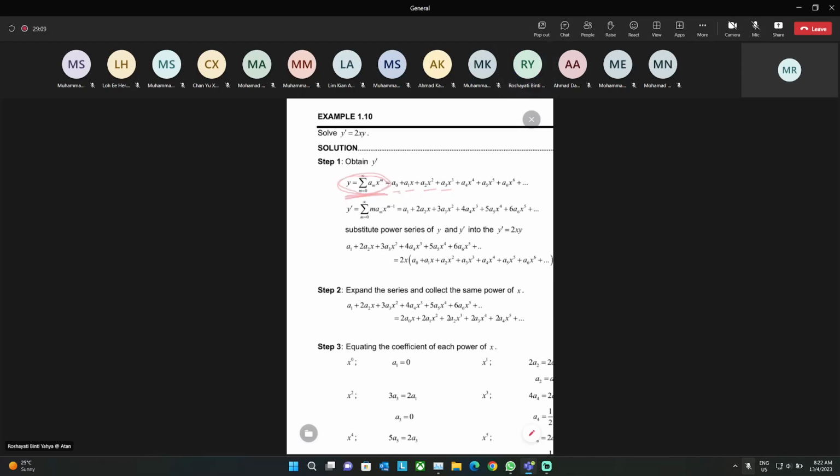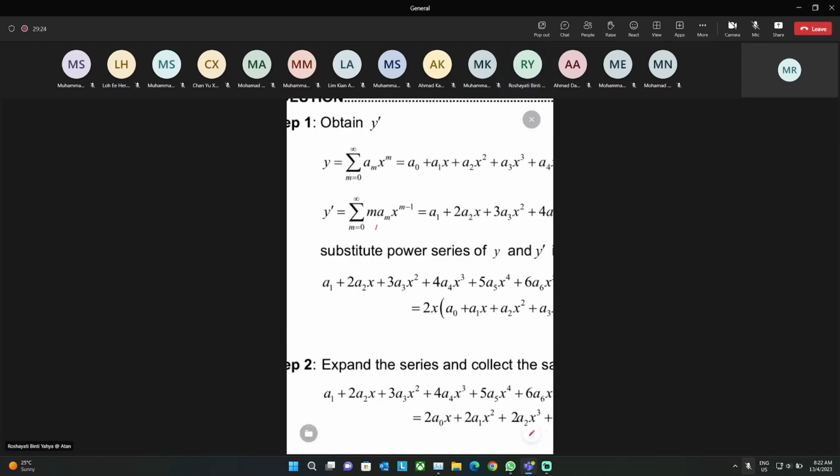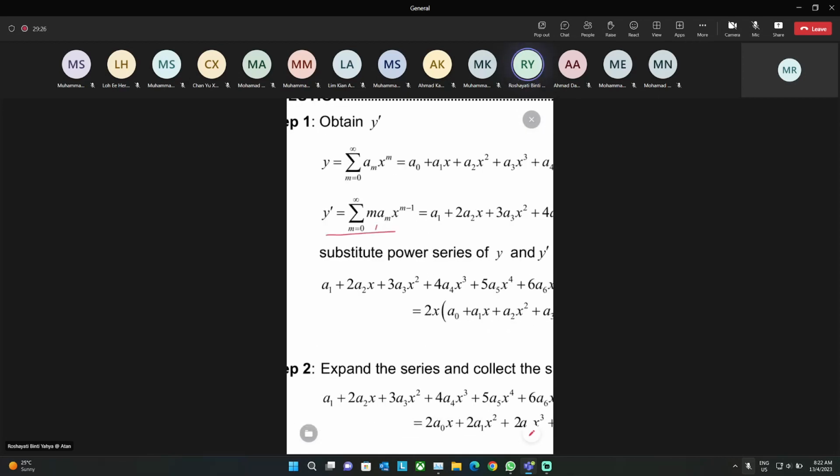So y prime here equal to the summation of m a_m x^(m minus 1). I hope you have no problem for y prime, because a_m is a constant, and after you differentiate, what happened to your coefficient here?